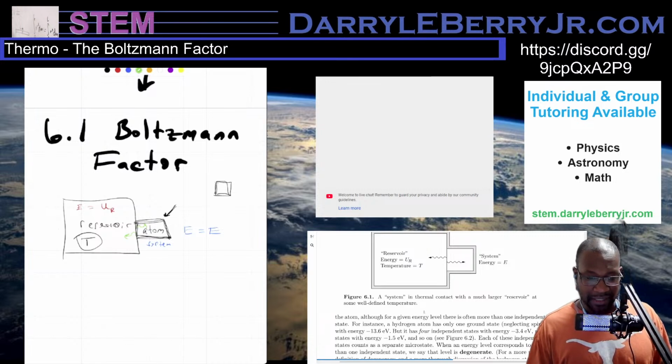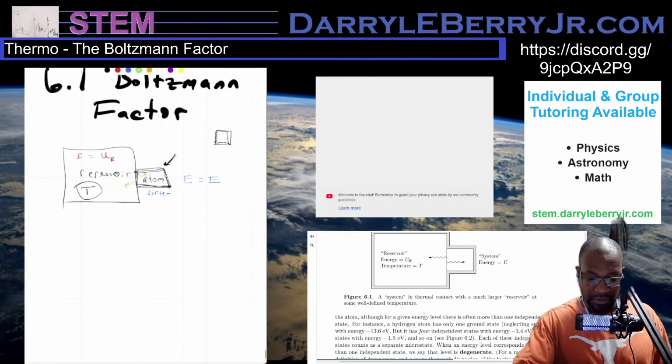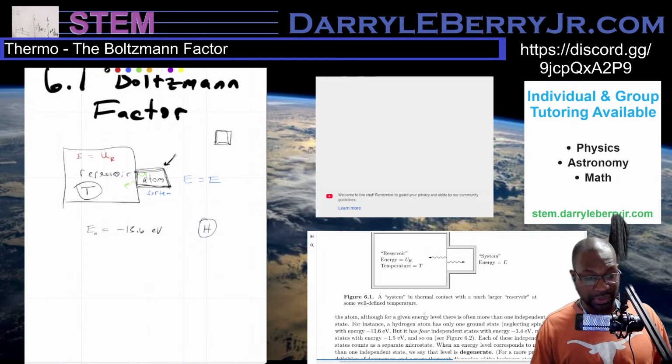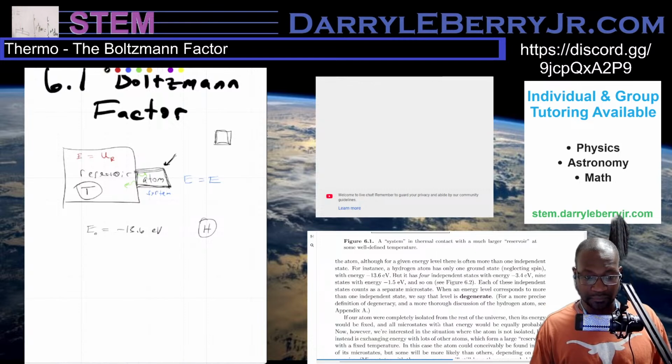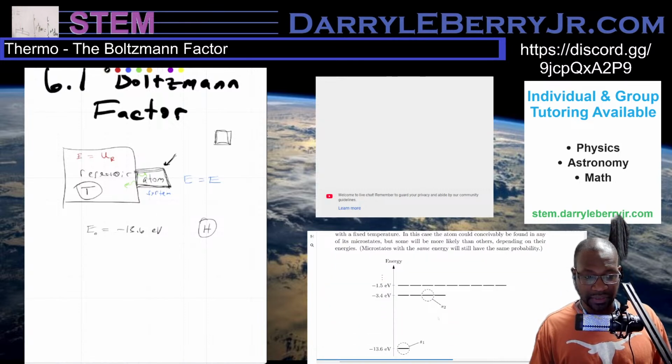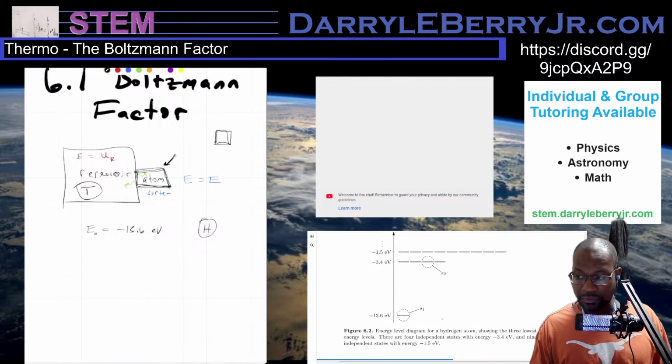For instance, a hydrogen atom has only one ground state, neglecting spin, with energy negative 13.6 electron volts, but it has 4 independent states with energy negative 3.4, 9 states with negative 1.5, and so on. Let's look at figure 6.2.